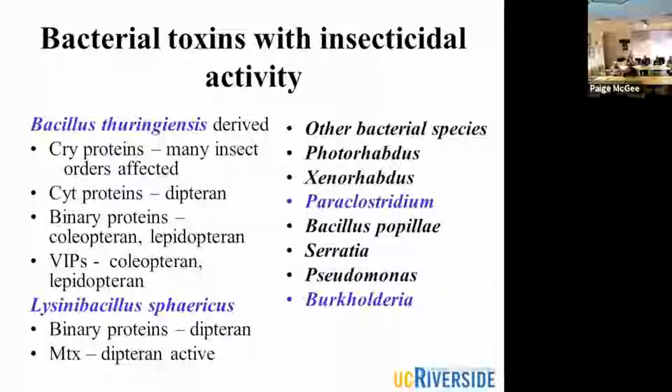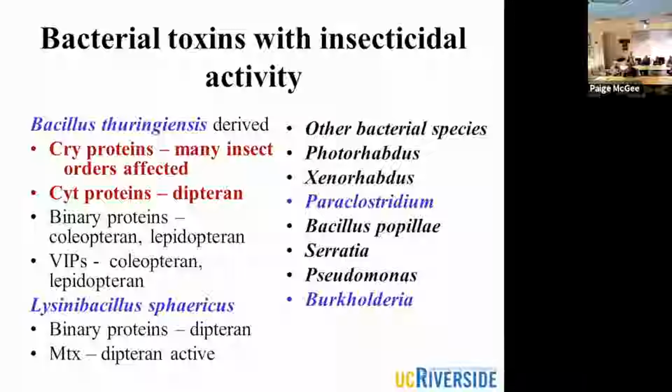Now, the main topic I'm going to talk about is essentially from thuringiensis, and the protein focus is on the cry proteins, which affect many insect orders, including dipterans, and the cyt proteins, which are primarily active against dipterans, although they can be active on other species as such.